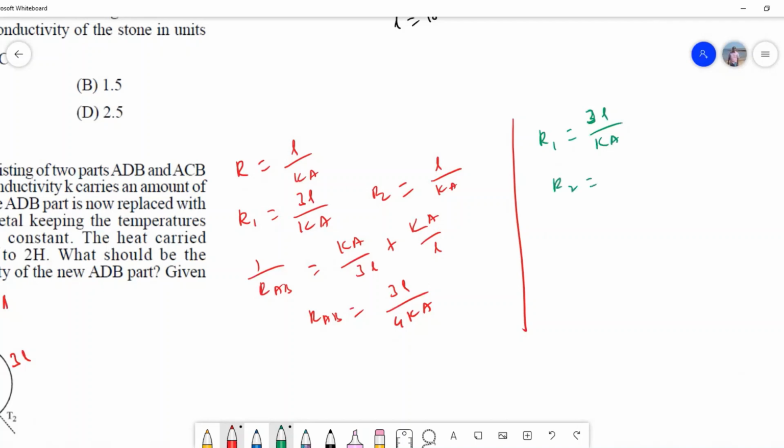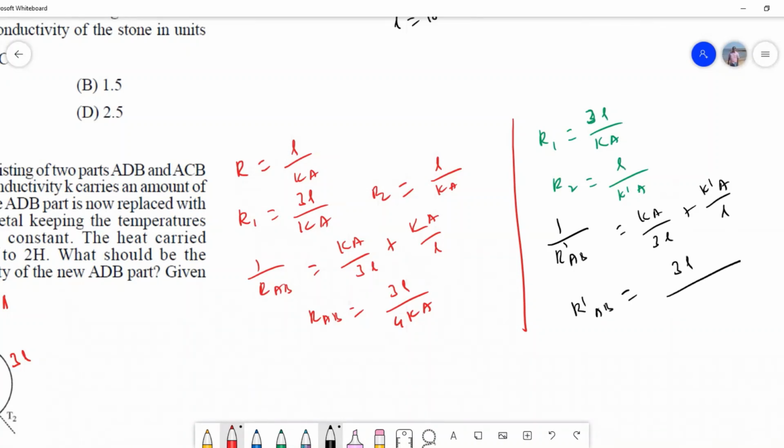Now the second part will change, it becomes L by K dash A. Now let us find out the effective resistance between A and B. R dash AB is equal to 1 over Ka by 3L plus K dash A by L. If you simplify that, R dash AB becomes 3L upon Ka plus 3 times K dash A, because they're not the same.